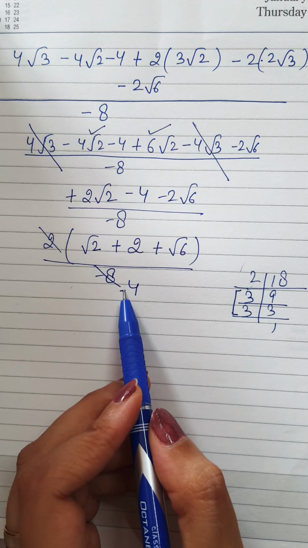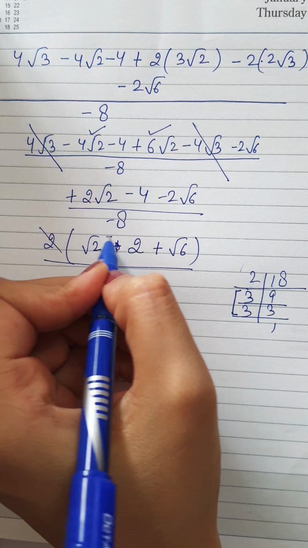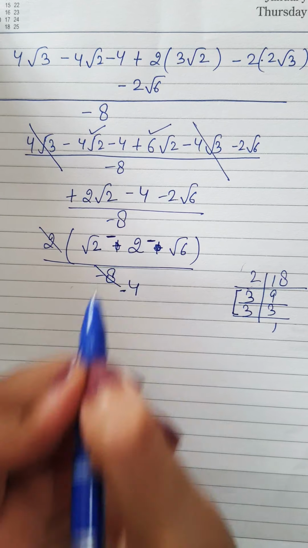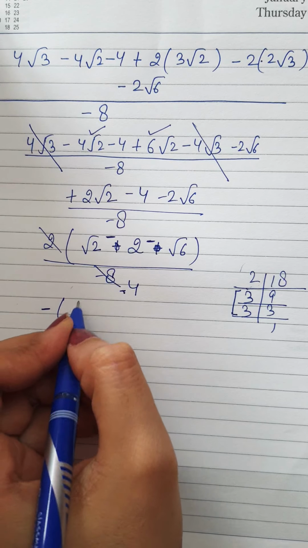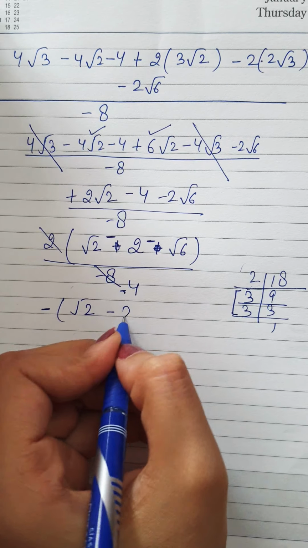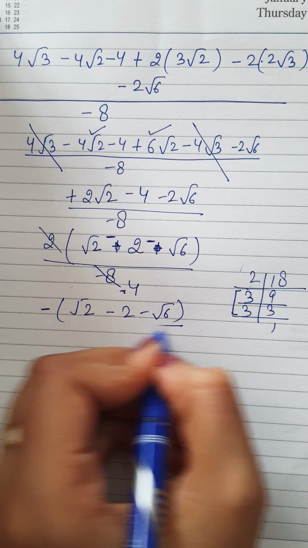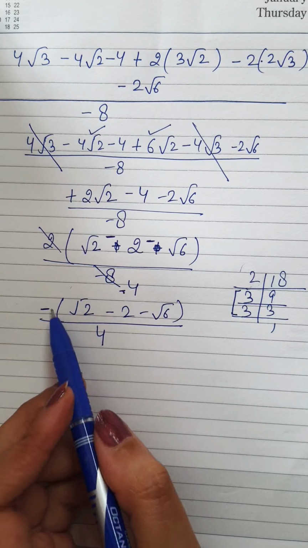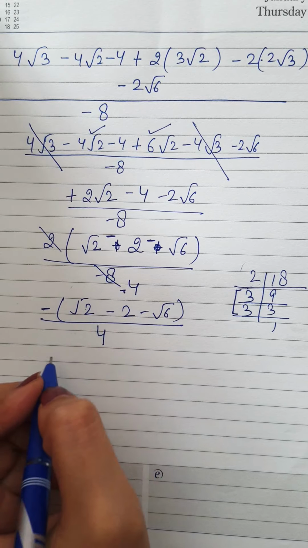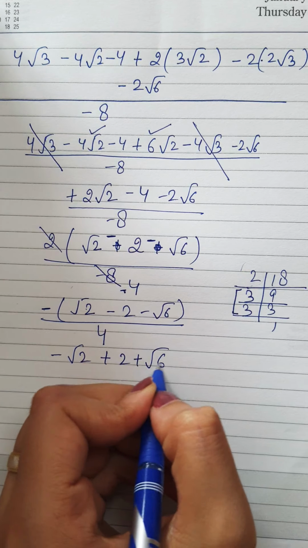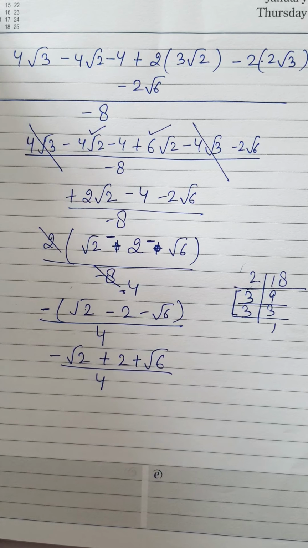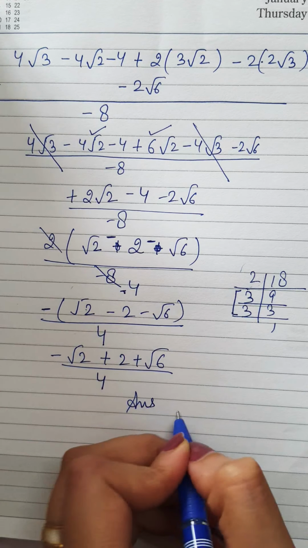Better if you take the minus sign upwards. So minus root 2 minus 2 minus root 6 upon 4. Now when you simplify it further, this will be minus root 2 plus root 6 upon 4. So this is your final answer.